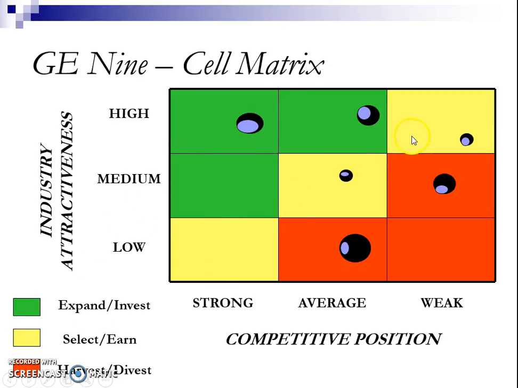For the yellow phases, they said to treat them like the problem children or question marks of the BCG matrix, where the firm is supposed to select the businesses in which to invest, and divest the others. And for those with weak competitive position and low industry attractiveness, they tell companies to harvest or divest.